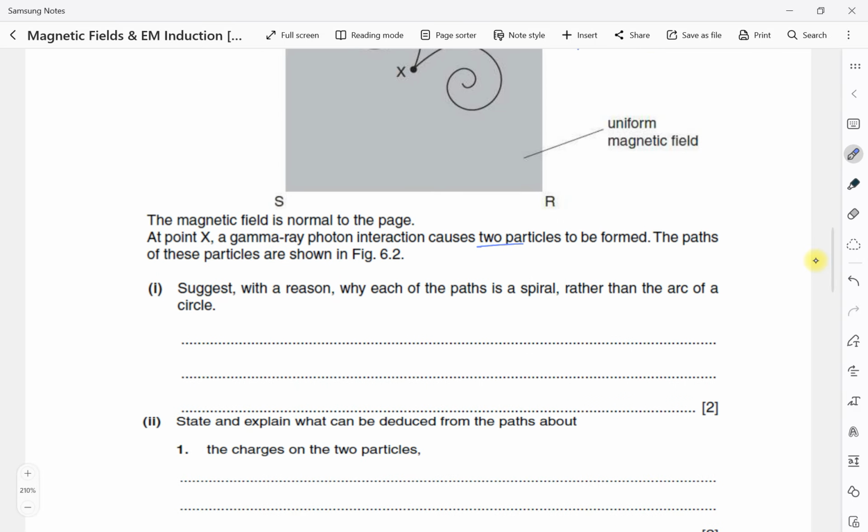So the reason why the path could be a spiral is that the momentum or the speed of the particles is becoming smaller.